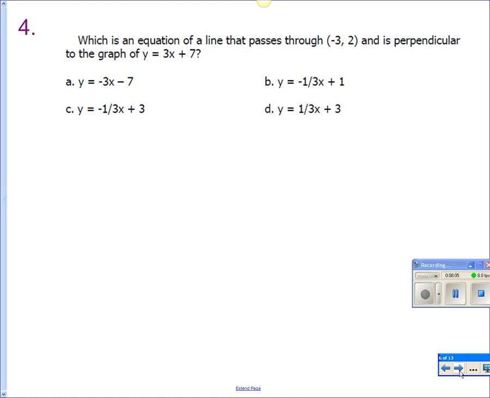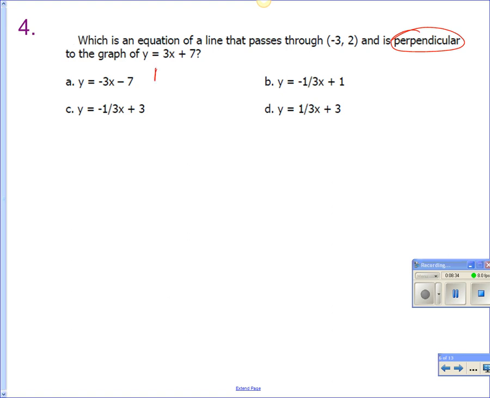Number 4. Which is an equation of a line that passes through -3, 2 and is perpendicular to the graph of y equals 3x plus 7? All right, Bishop, something that I should circle. Good. Haley, what does perpendicular mean to do? Flip and change it.